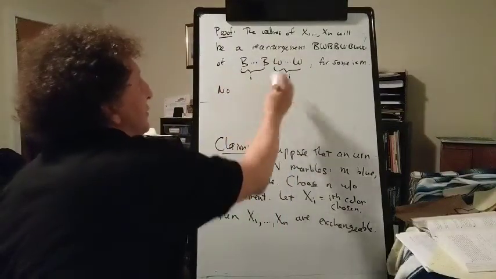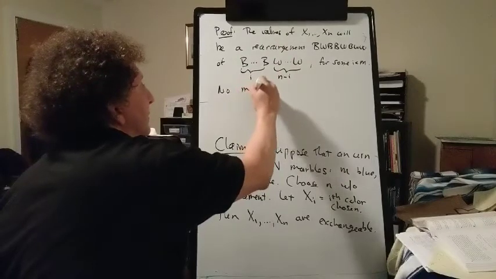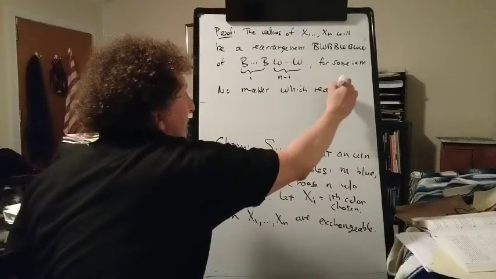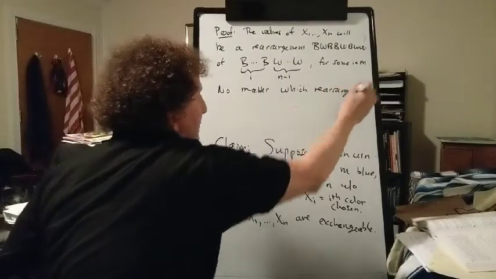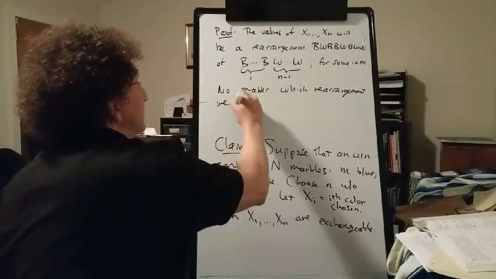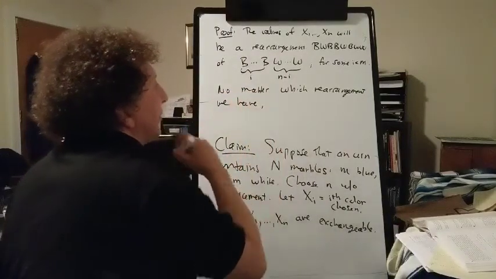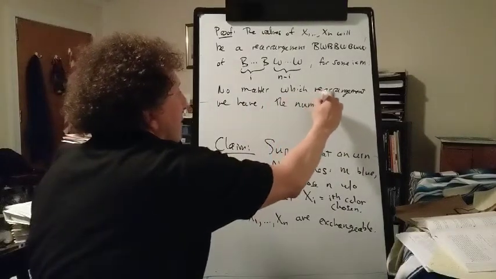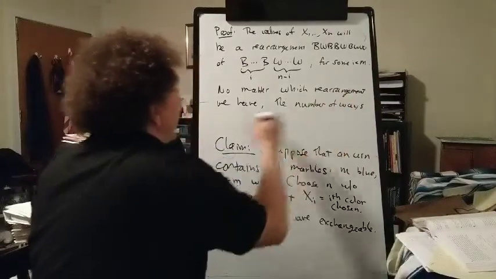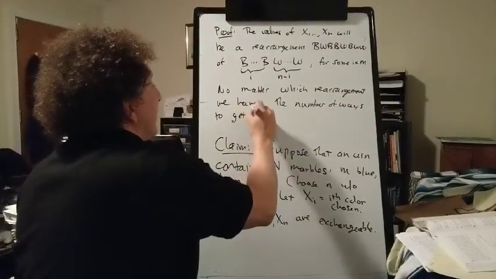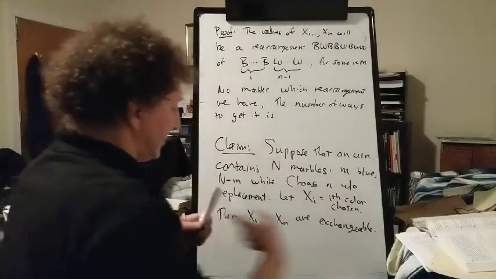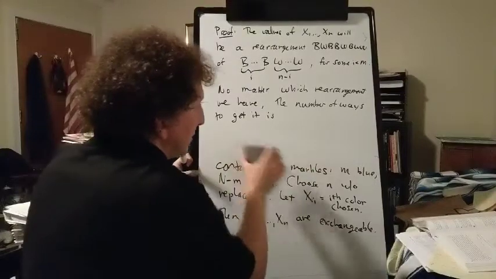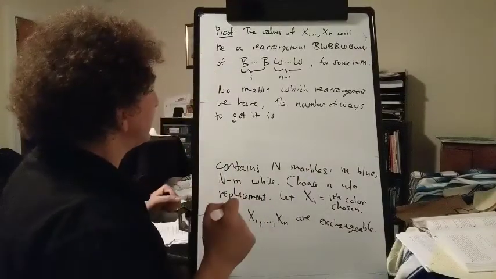So we get some rearrangement of the colors, but no matter which rearrangement, the number of ways to get it is as follows.